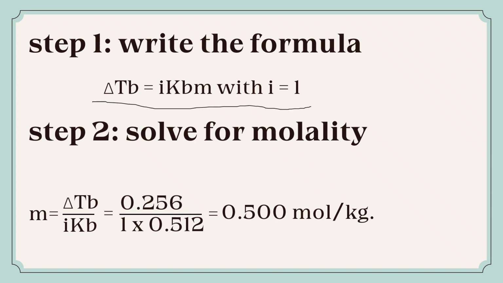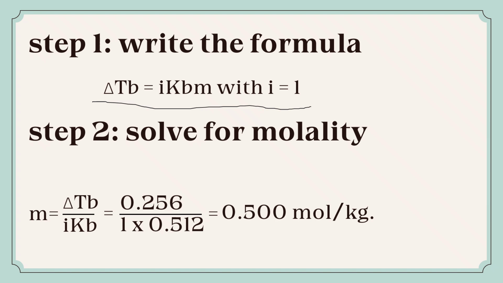Step 2 is solve for molality. m equals delta T sub B over i times K sub B, equals 0.256 over 1 times 0.512, equals 0.500 mole per kilogram.